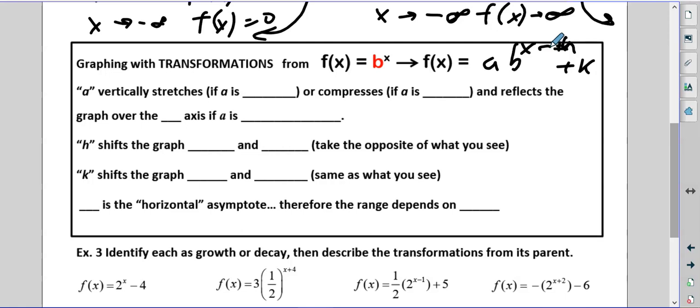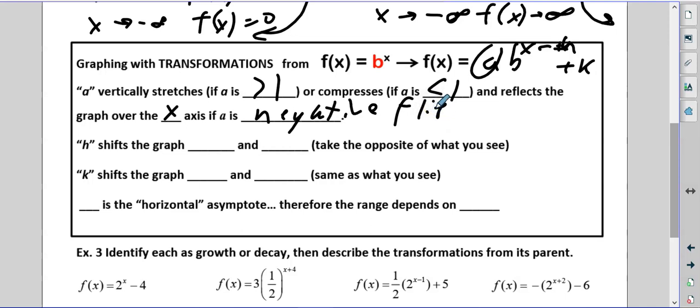Remember, inside lies in that situation. Alright, so A, the letter out in front here, stretches vertically if A is greater than 1, or compresses if A is less than 1, and reflects the graph over the x-axis if A is negative. A lot of times people call that a flip.